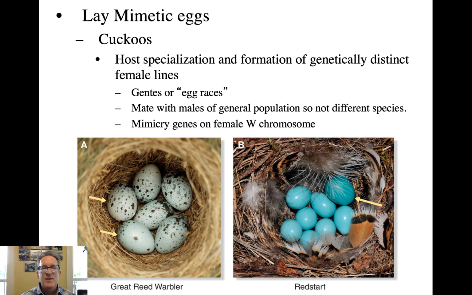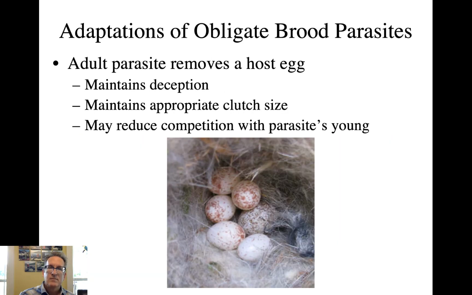Well, it turns out that the female doesn't have to worry about mating with a specific individual male, because the mimetic genes that give them this capability of mimicking one species or another are found on the female W chromosome entirely. So there is no potential to get mixed genes from the male.